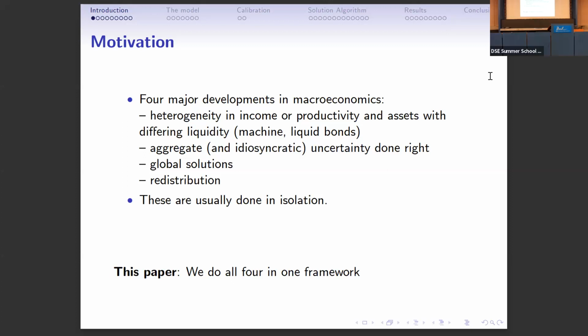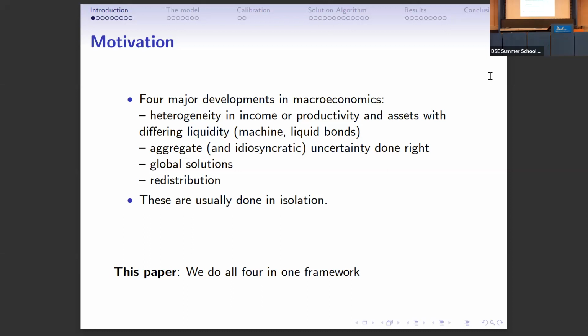And so the second development is about introducing uncertainty into macroeconomic models. And this began with the work of Nick Bloom and also Fernandez-Villaverde. And at this point, we know how to solve those models of uncertainty, right?